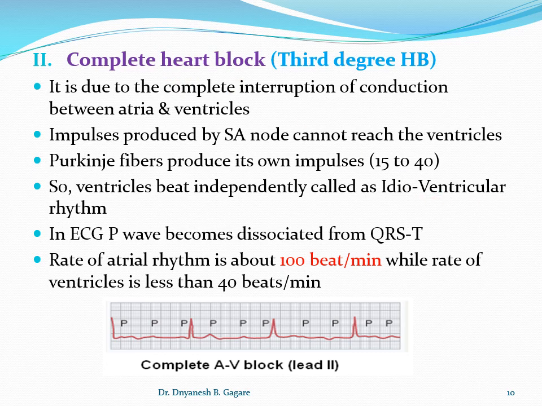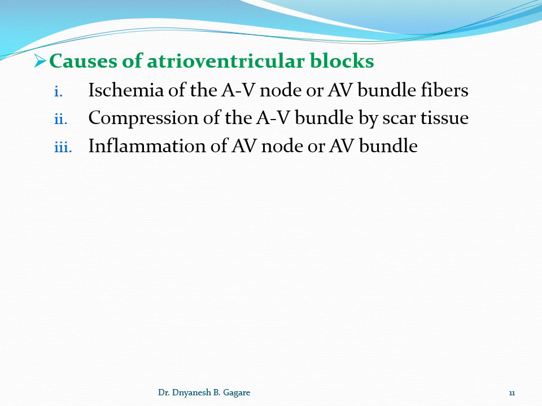Now see next, what are the causes of atrioventricular blocks? I told that ischemia to the AV node or AV bundle fibers. If there is less blood supply, then it blocks the transmission of the impulse. Compression of the AV bundle by scar tissue.